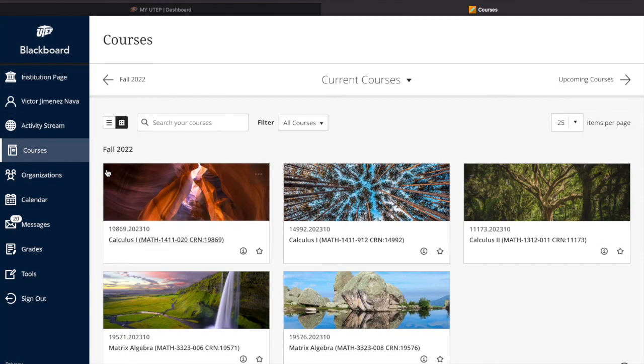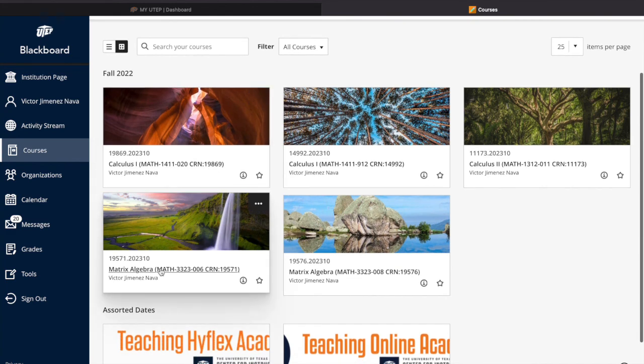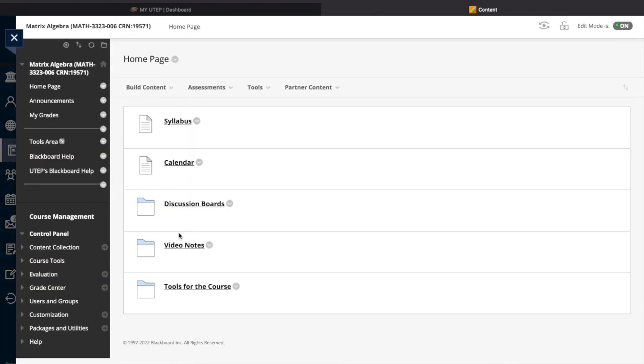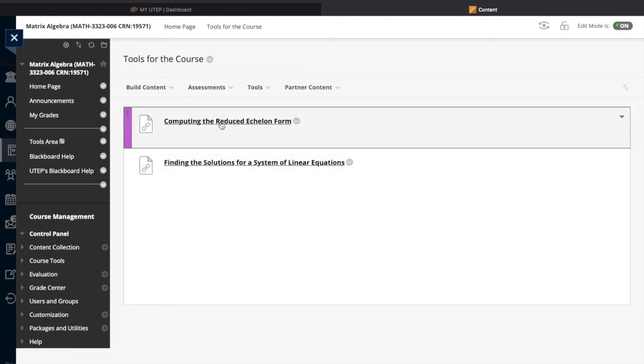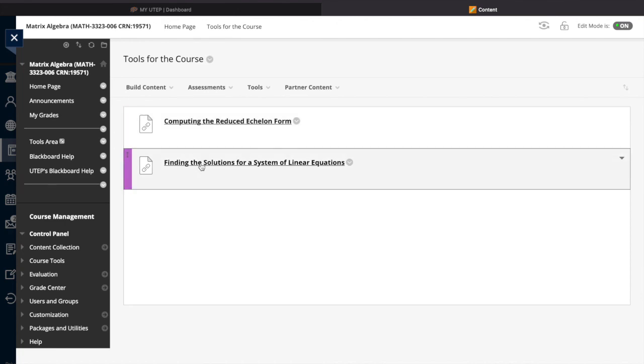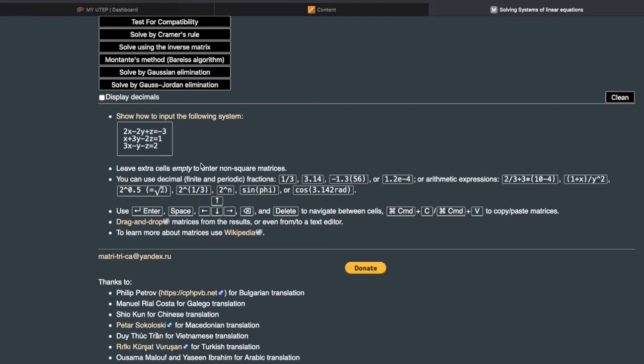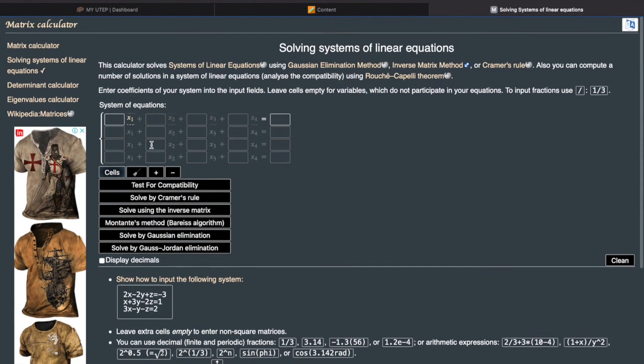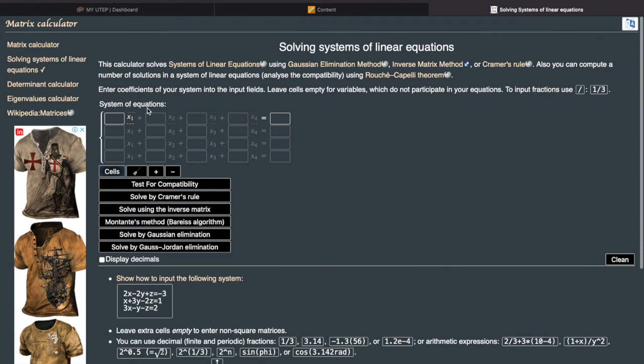Maybe you already know many of them, but here in this folder, tools for the course, finding the solution for systems of linear equations. So you click there, you will find this web page. I think it's amazing because it gives you the answers and it can even give you the steps.